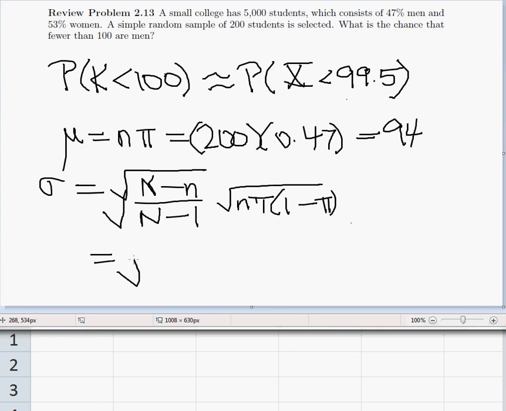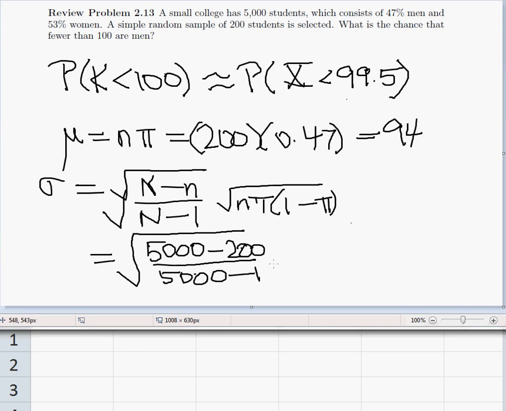So in our case, this will be equal to the square root of 5,000 minus 200 over 5,000 minus 1, times the square root of 200 times 0.47 times 0.53.